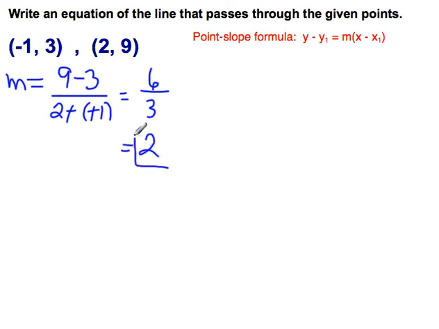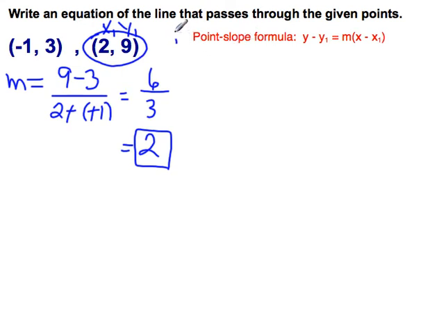Okay, so I'm going to use that slope to plug into this point slope formula that I have over here. Okay, now you get to decide. It doesn't matter which of these 2 points that you use because they both fall on the line. So you can pick whichever one you want. I'm going to use this point right here. Now, because I'm using that point, I have to think of this like x1, y1 when I plug into this point slope formula.